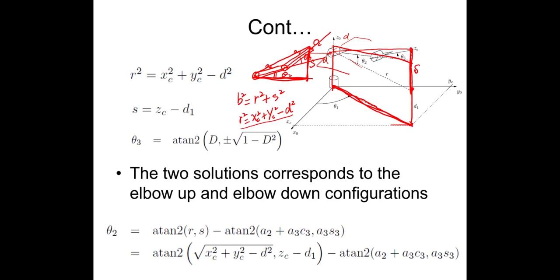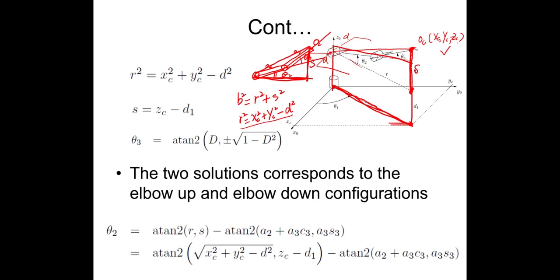S is from the height of the spherical wrist center to the height of the second joint, which is right here. So S equals the total height of the spherical wrist center, which we already know. This OC has the coordinates XC, YC, and ZC, so this height will be ZC.